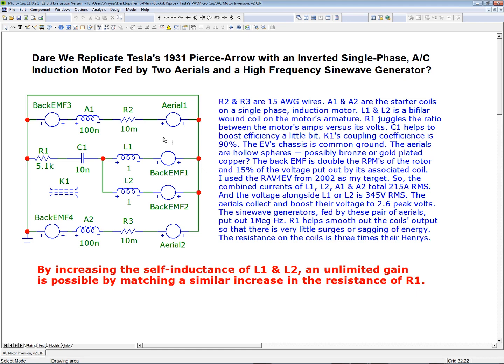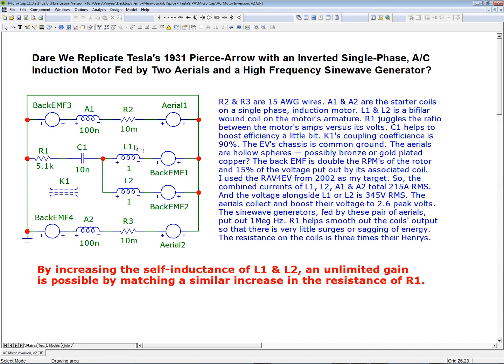But I figure 15%. And the reason why is because when you run an electric car, regenerative braking is at most 15%. That's about all you can get out of a coil. And so I figured, okay, if these coils act as generators of their own, that's what you'll get, 15% of whatever you are consuming.